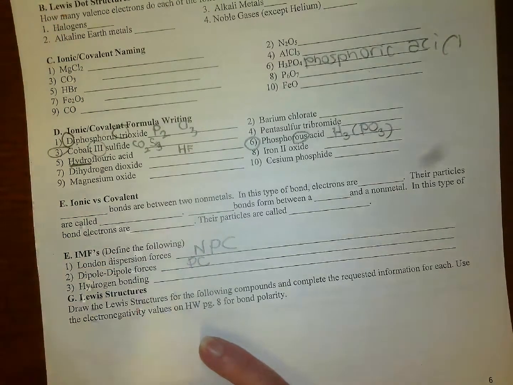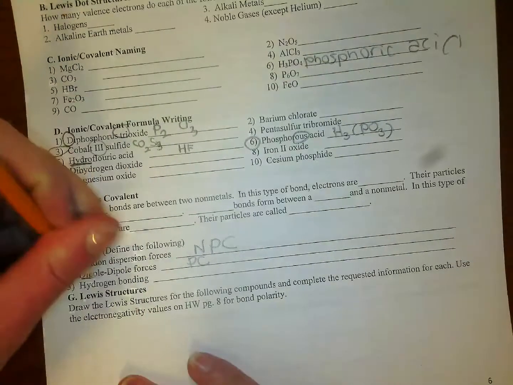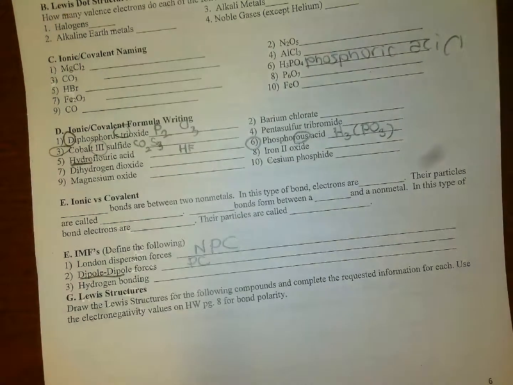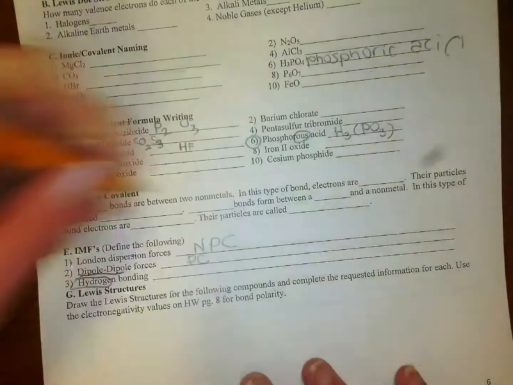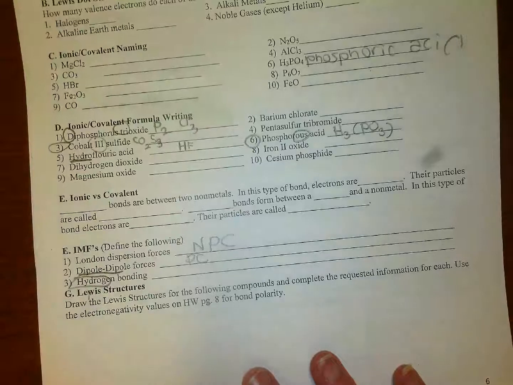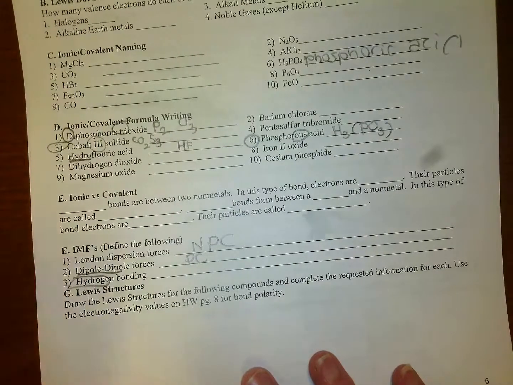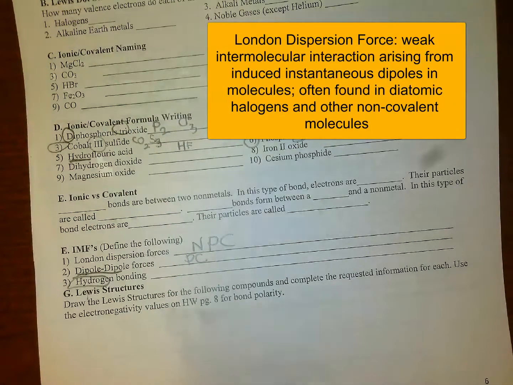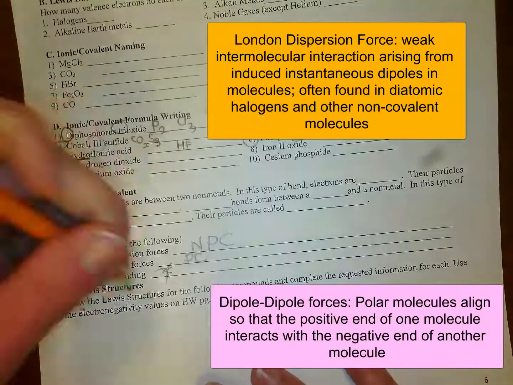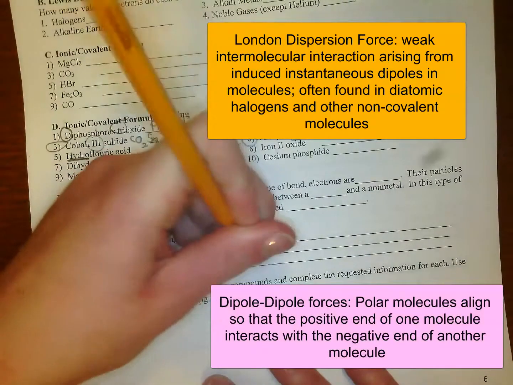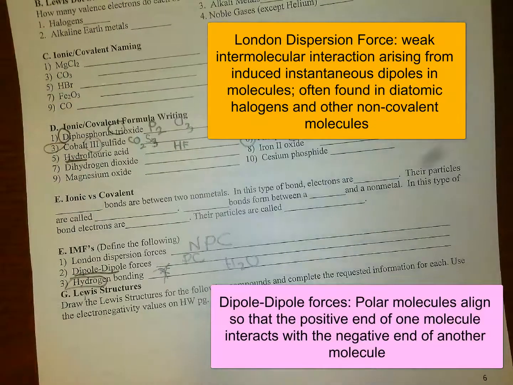Dipole-dipole will be your strongest in that case, except where if it's polar, but there's also hydrogen involved. Okay, so this is the really strong one. It's the strongest of all. You see this anytime if there's hydrogens involved, probably you're looking for your hydrogen bond. Okay, so things like H2O have hydrogen bonds as their strongest. From weakest to strongest, London is weakest, dipole-dipole is in the middle, hydrogen is the strongest.